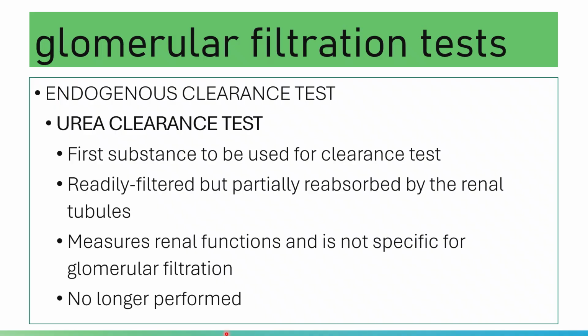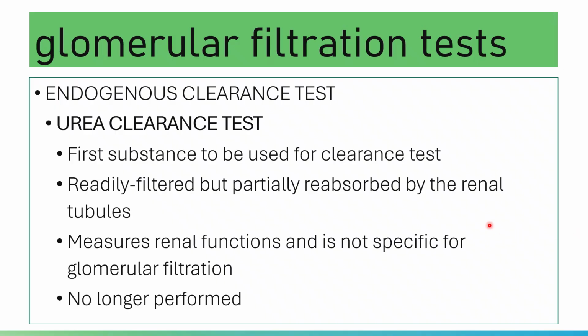So with that being said, your urea clearance test is imprecise and inaccurate. And please note, it is no longer performed. Yes, your urea clearance test measures renal function, but it is not specific for glomerular filtration.